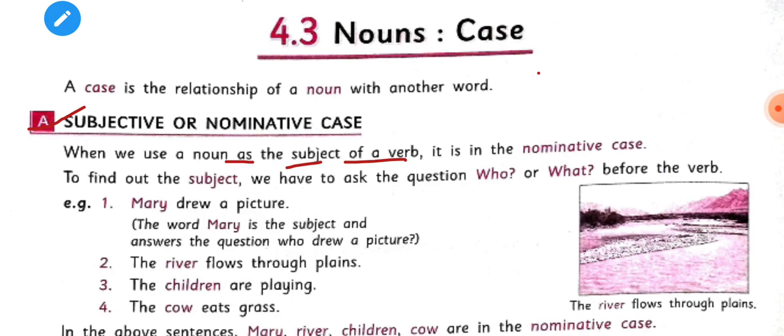If you want to find the subject, we ask the questions who and what with the verb. When you ask these questions, you get replies, and the replied words are in the subjective or nominative case.